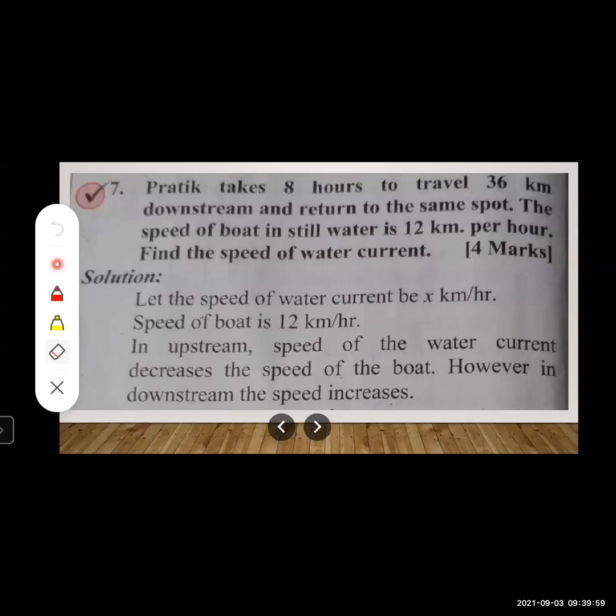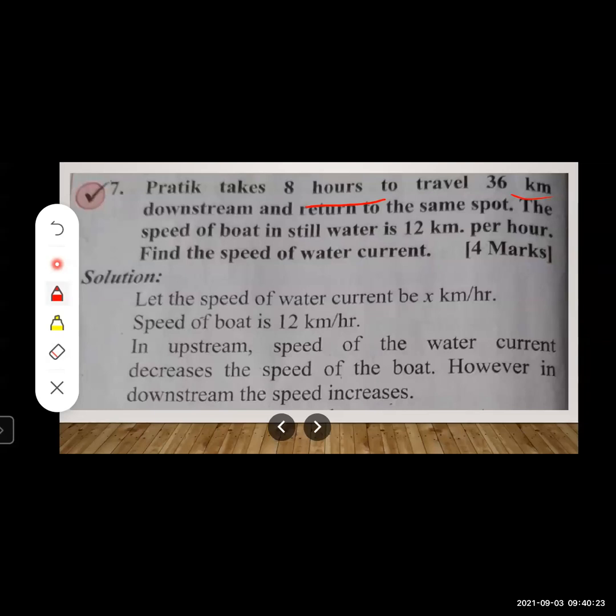So first of all, you need to assume the speed of the water current is x kilometers per hour. See here, the units used are hours and kilometers. So you will assume the speed in kilometers per hour only, because units should be uniform everywhere.